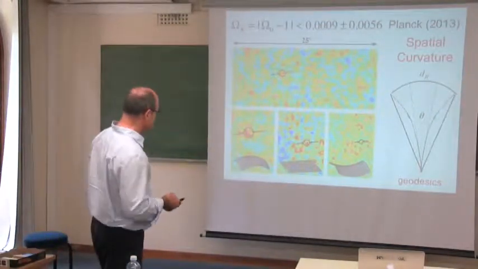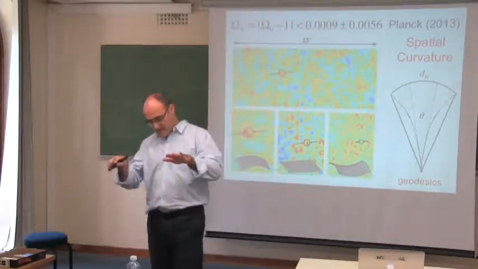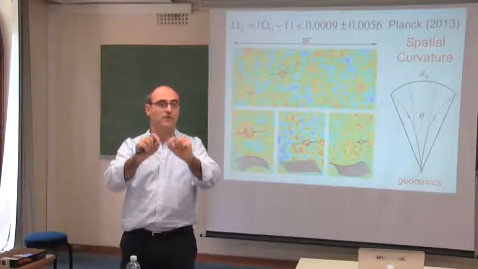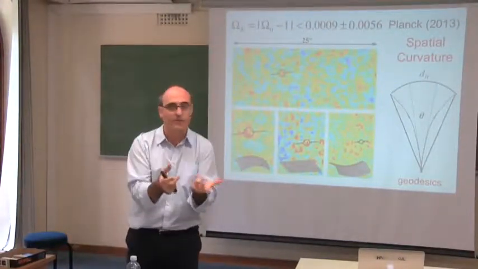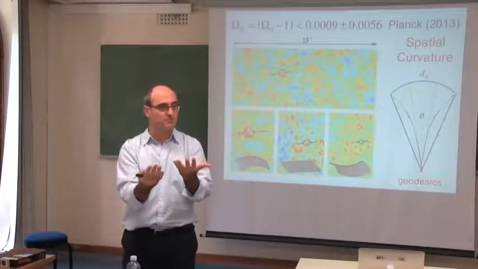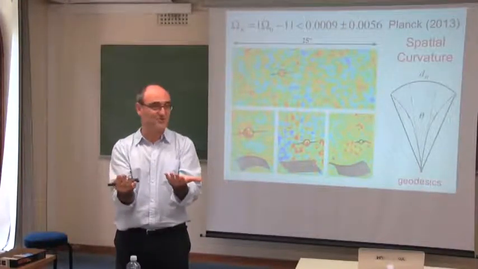Okay. Of course, there would be a limit if we increase the sensitivity and we go to scales which are of order, say, 1 part in 10 to the 4 in curvature. Then there's a moment at which we cannot distinguish between the background and the fluctuations, because what are fluctuations? They're nothing but curvature fluctuations.